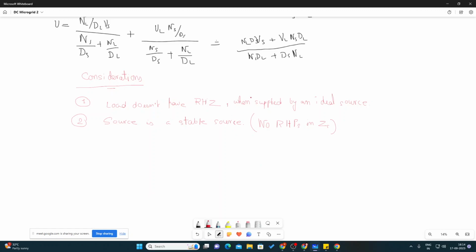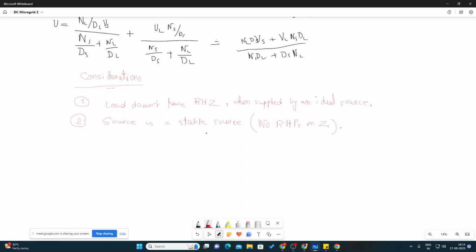So these are the considerations that are taken to provide the criterion known as the Middlebrook criterion. These are not made by us; this is done by the one who made the criterion, Professor Middlebrook.